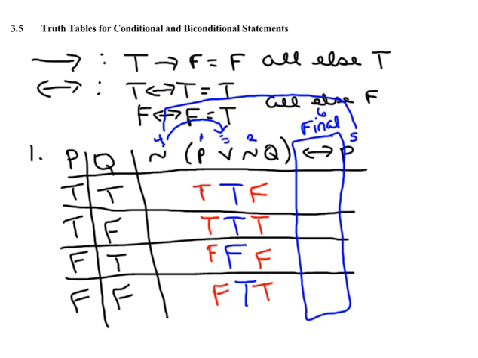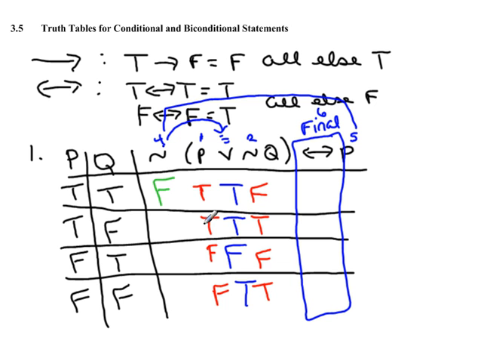Okay, we'll change the pen color again. We'll make it green this time. And now we'll evaluate the negation on the outside. Since it's on the outside of the parentheses on the left, it's the last thing you do on the left. It is the most dominant. So you take the negation of the last column you did. Looking at this blue column, we take the opposite of that. So not true makes this false.